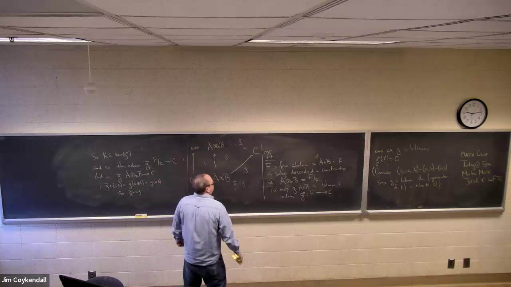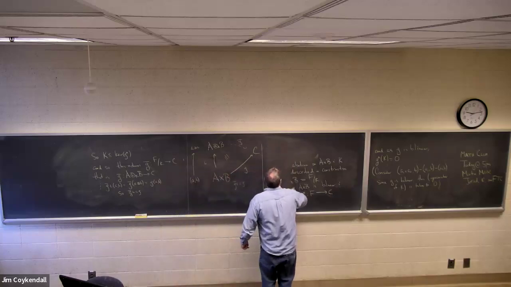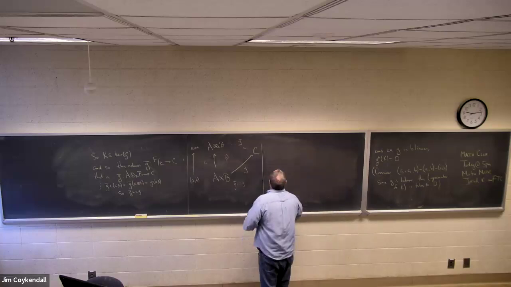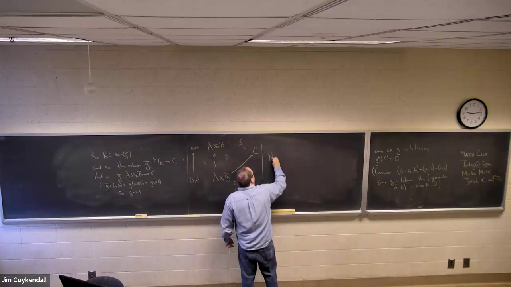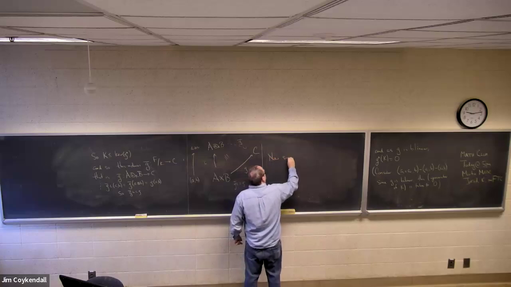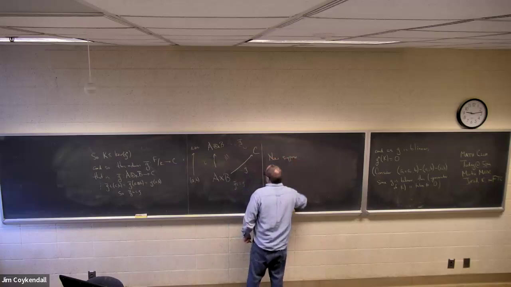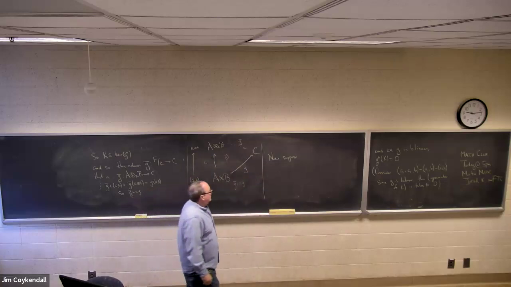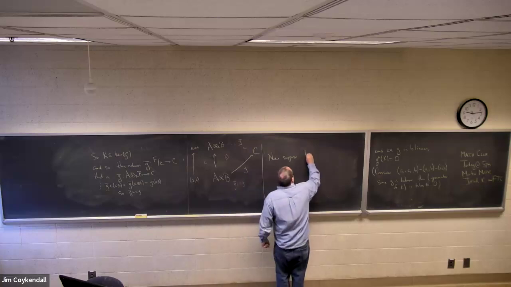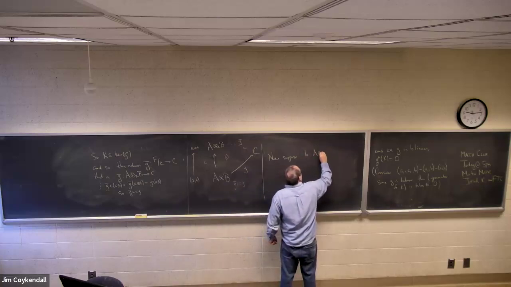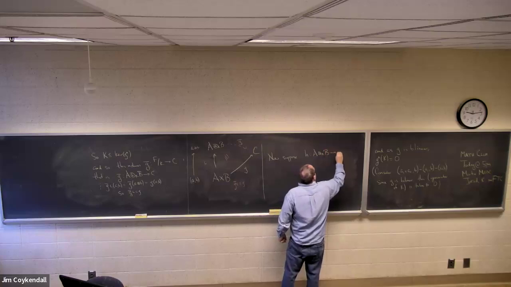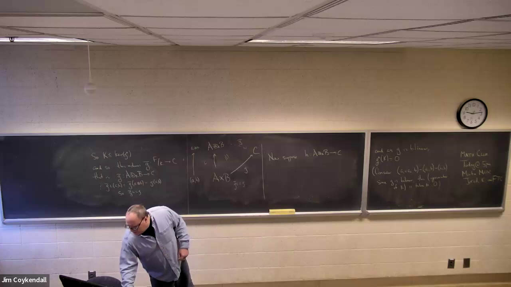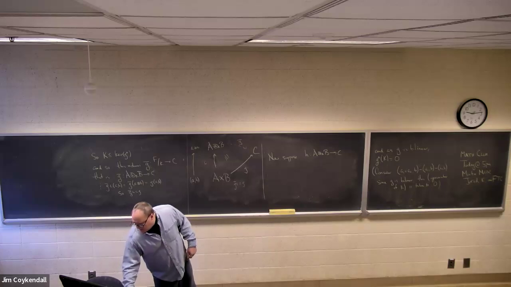Now, on the other hand, because this is supposed to be a unique homomorphism, suppose we have h from A tensor B to C such that h iota is equal to g.